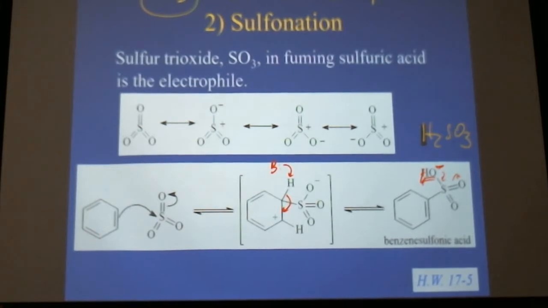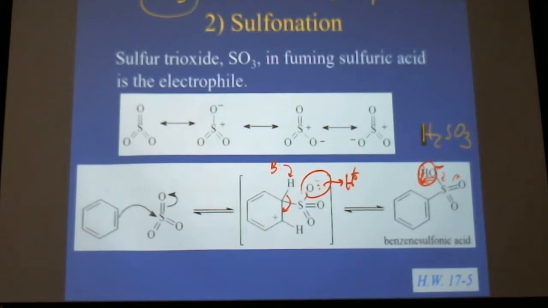How do you get it at the end though? You just put some water in and it picks up a hydrogen, just like any carboxylic acid or anything like that. It's an acid, so it will exist in equilibrium with water, part of it protonated, part of it as the sulfonate ion in this case.